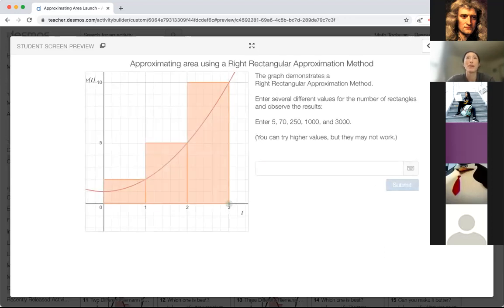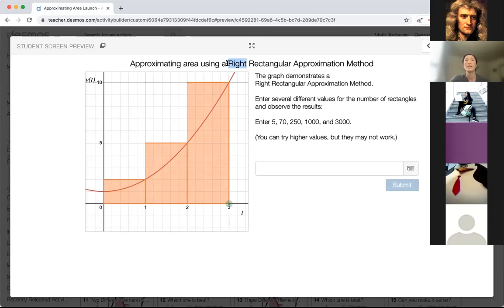All right, so let's move on. So this one is actually a little bit different. Okay, so this slide 7 looks at approximating area using a rectangular approximation, but that is specifically a right rectangular approximation.